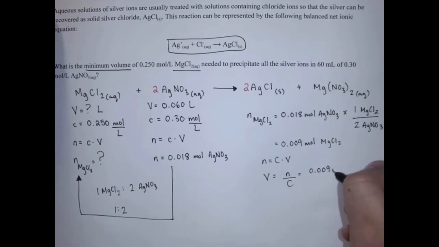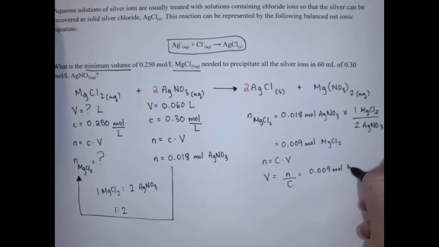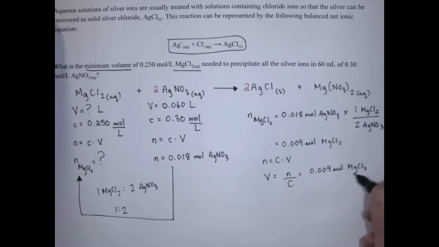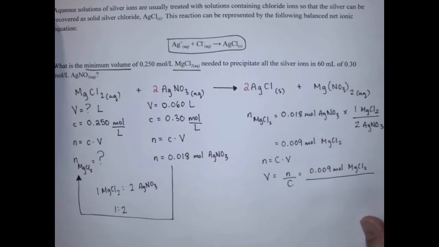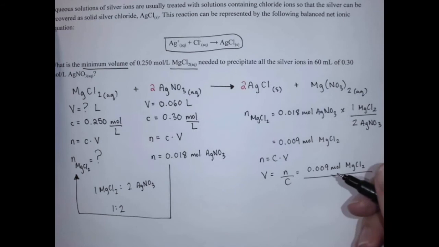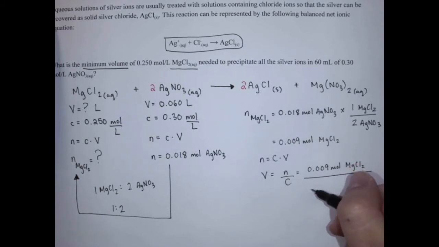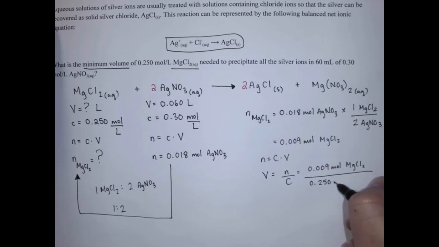This will tell me how much I need. So I have 0.009 moles of magnesium chloride, and I divide it by my concentration, which is 0.250 moles per liter.